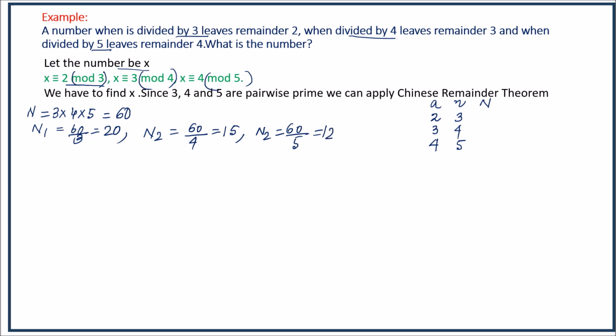This will be 20, 15, 12. After getting n1, n2, n3, the second step is complete. Then we'll go to the third step. That will be n1 x1 is congruent to 1 modulo n1.